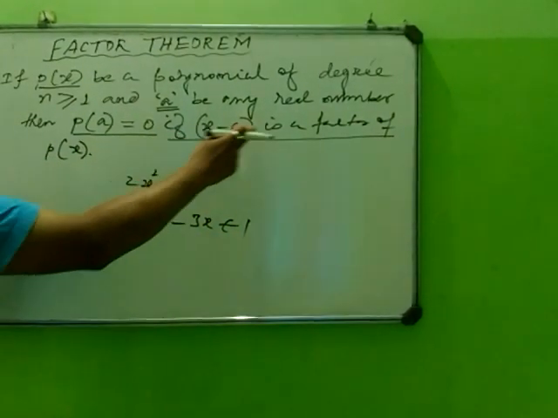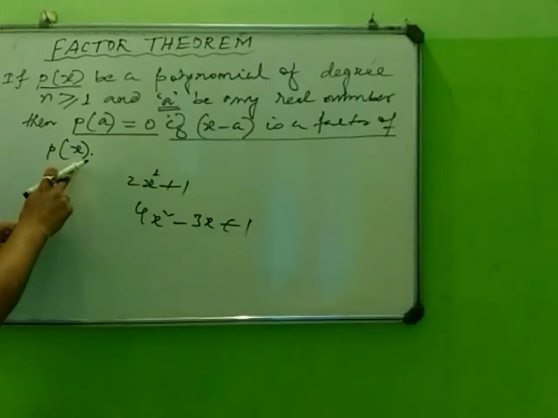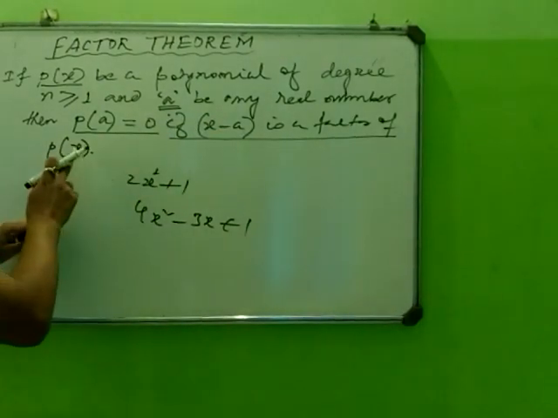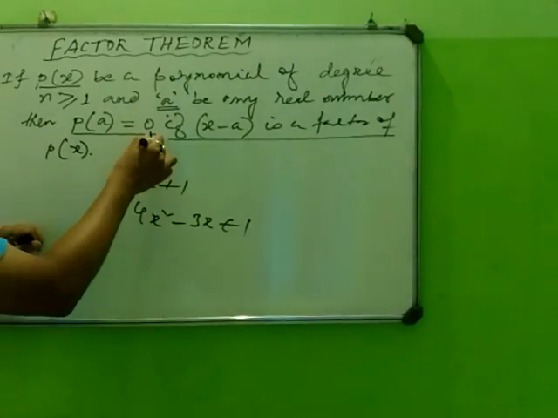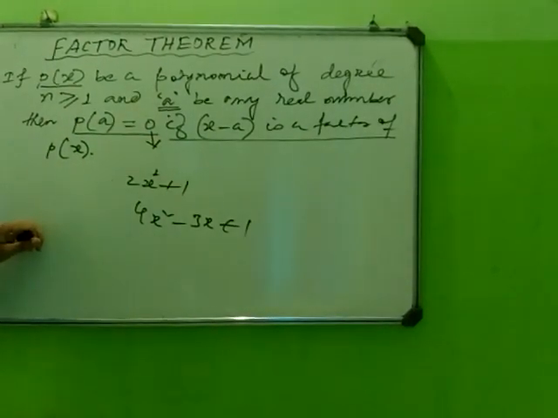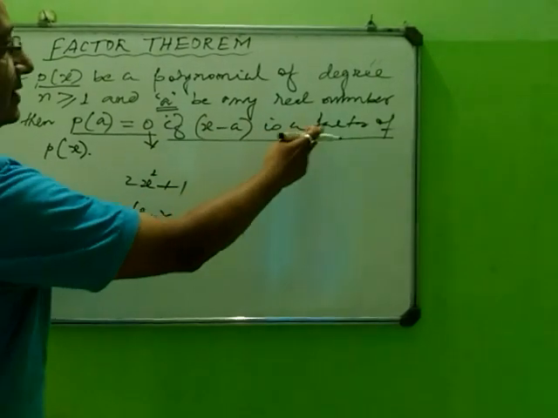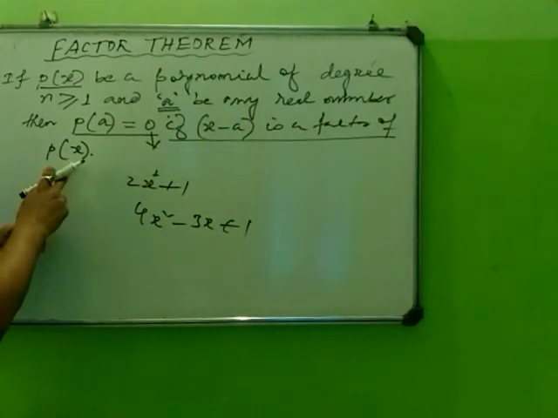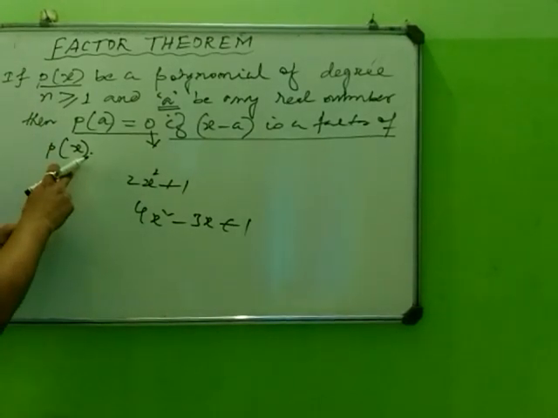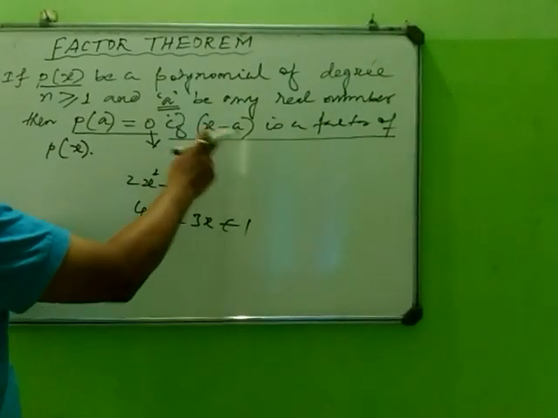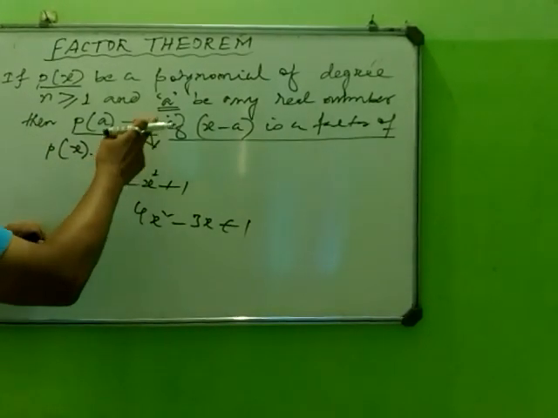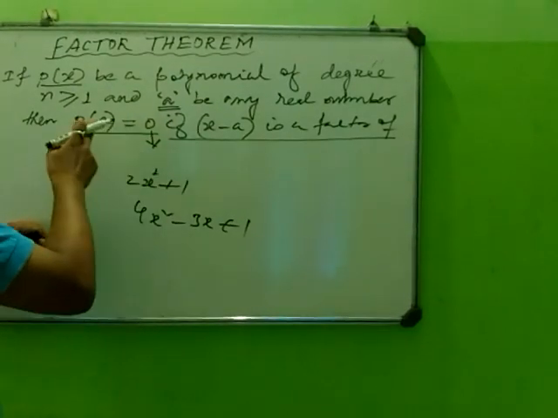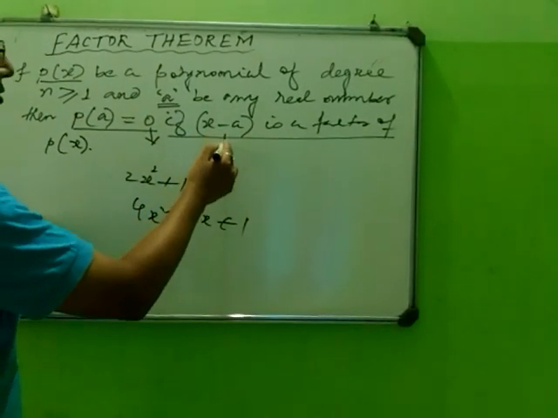Now, x minus a is a factor of p of x. That means if you divide p of x by x minus a, it will be exactly divisible, where the remainder is 0. So this 0 is the remainder. What I told: x minus a is a factor of p of x, so if you divide p of x by x minus a, the remainder you will get is 0. That 0 is the remainder, and this a you get from the divisor.